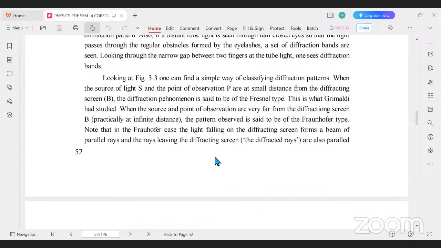So, different materials. For example, when light falls on some material other than glass, how is the light going to propagate, and how does diffraction take place on that screen? The light falls on the diffracting screen as a beam of parallel rays, and the rays leaving the diffracting screen are the diffracted rays.